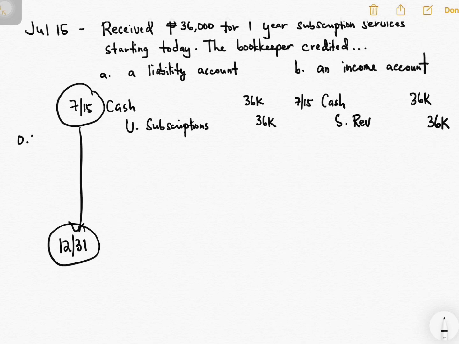To complete July, you need 0.5 months. And then August, September, October, November, December. If you add that, it will take you 5.5 months from July 15 to December 31.